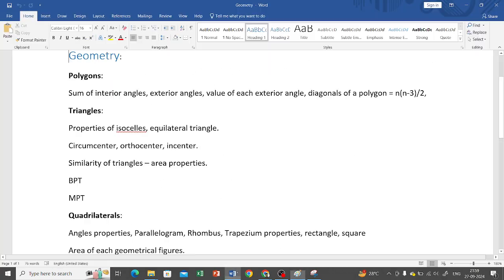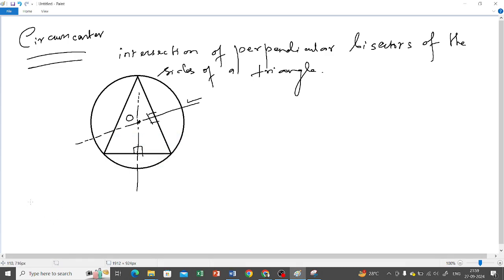Okay. Next one is orthocenter. Anybody? Does anybody know about orthocenter? Ortho, the meaning of ortho is perpendicular. So orthocenter means intersection of altitudes of a triangle.